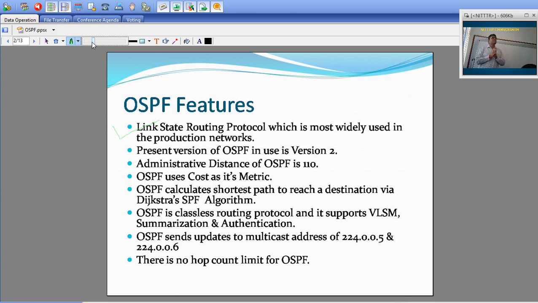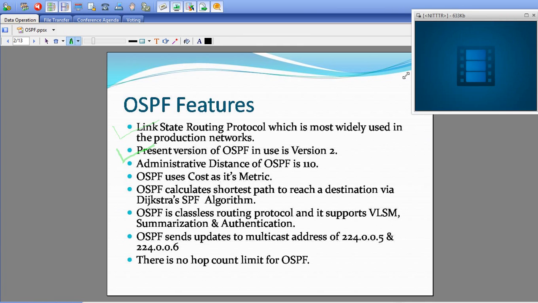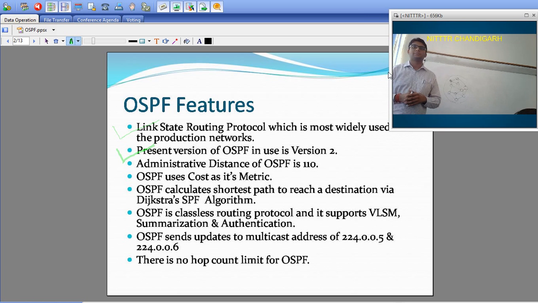The metric of OSPF is cost. I will explain you everything in detail. The current version of OSPF which we are using right now is version 2. But we don't have to mention it, like we were mentioning yesterday in RIP, network-wide version 2. We don't have to mention that.